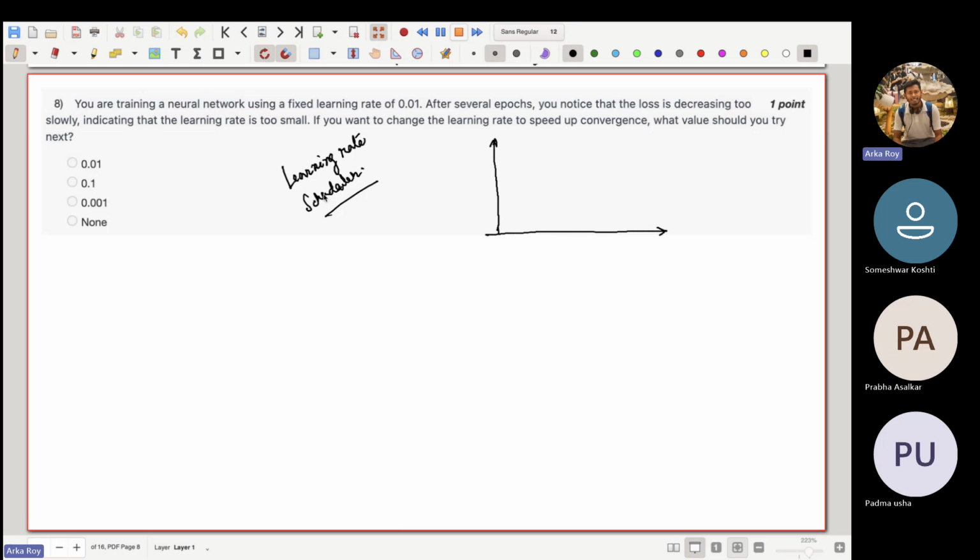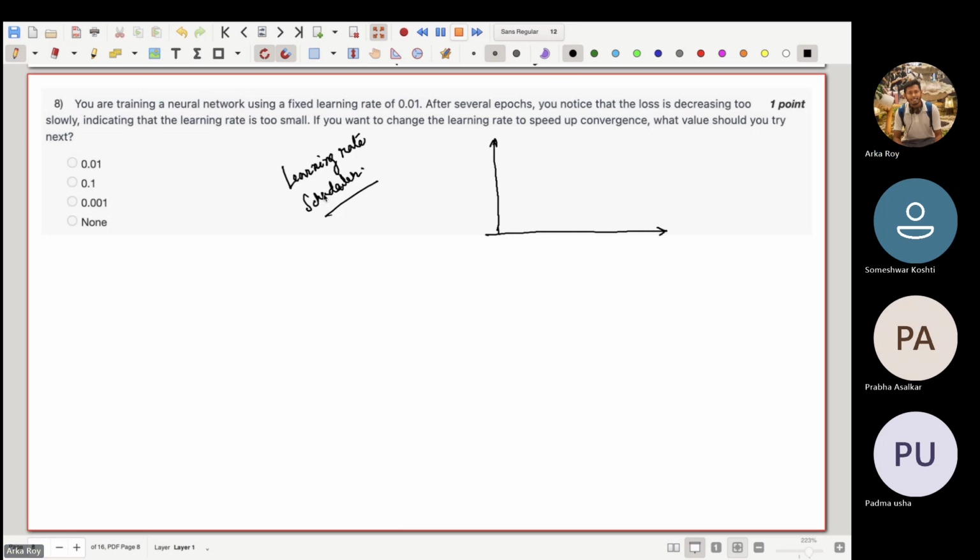That means, let's say you keep patience equal to 10, then from iteration 1 to iteration 10, it will not change the learning rate. At the 11th iteration, it will change the learning rate based on the learning scheduler. So that is what patience basically means in the learning scheduler.